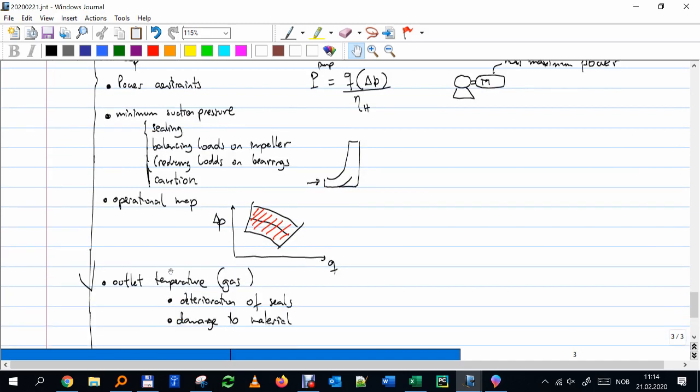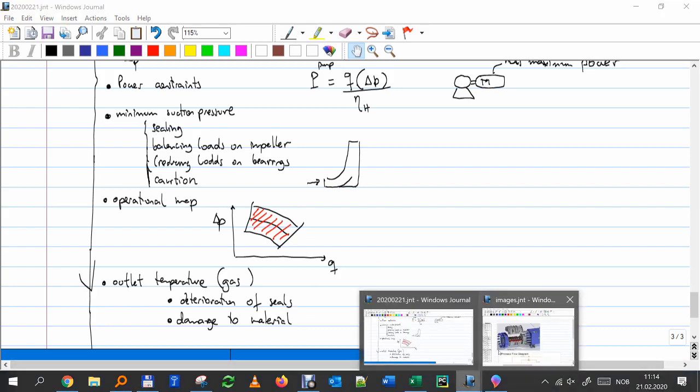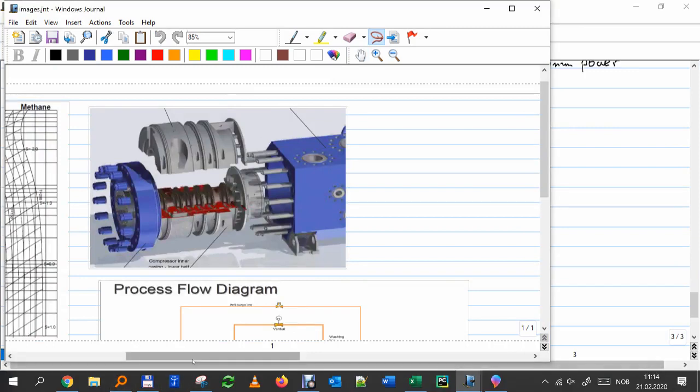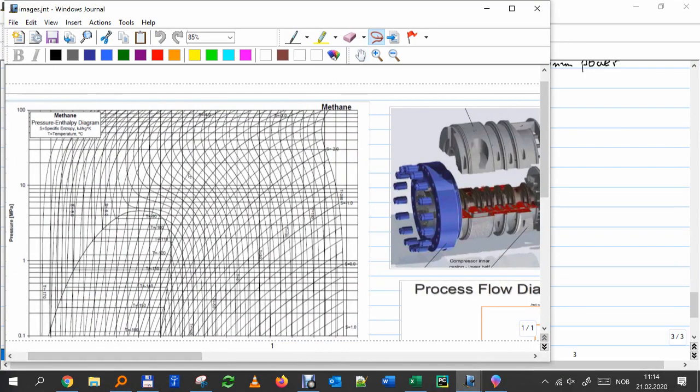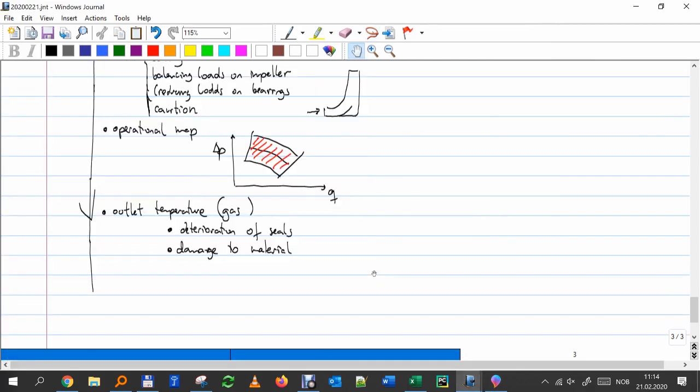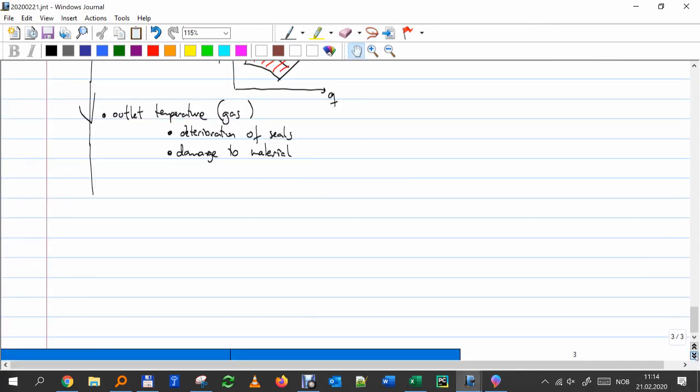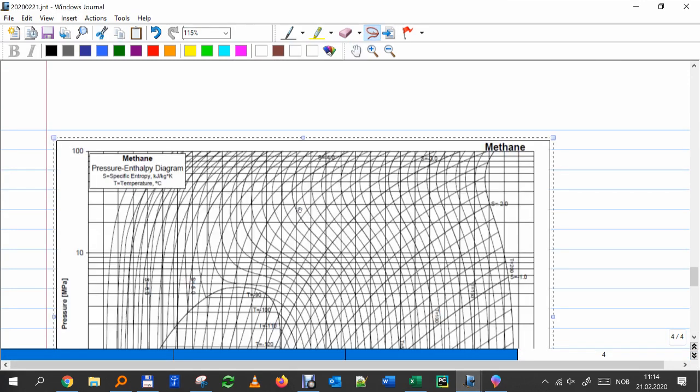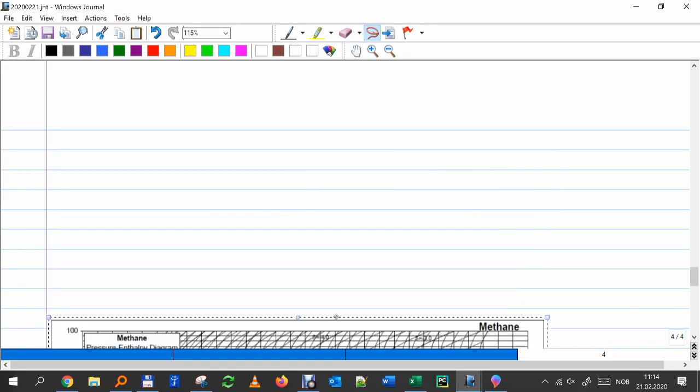Okay? So let's look initially at the temperature. Okay? I think it's nice to start with temperature. For that we're going to use this chart. Okay? Initially I want to make it with the chart, and then we make it with the equation. Okay? So let me just make a screenshot of the exercise here.